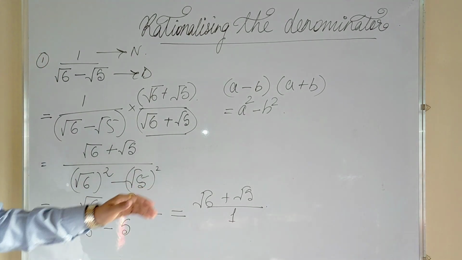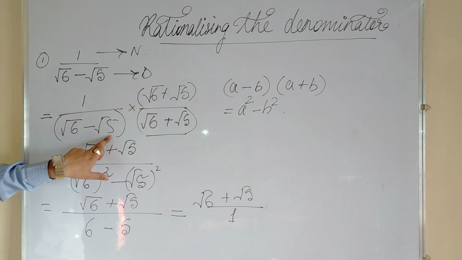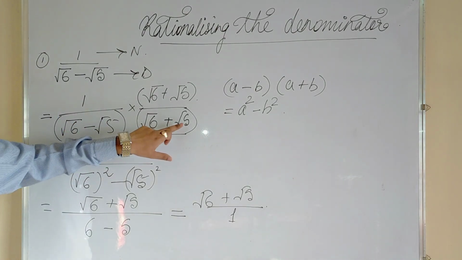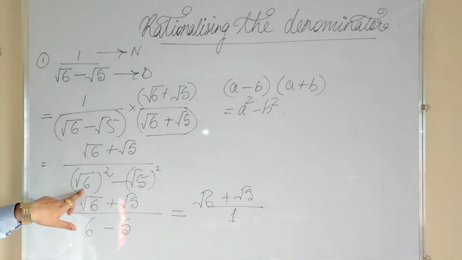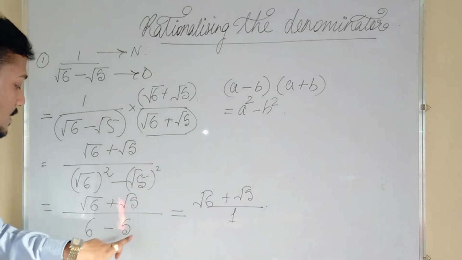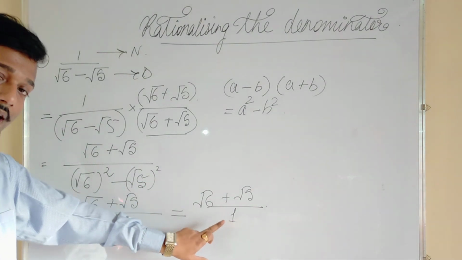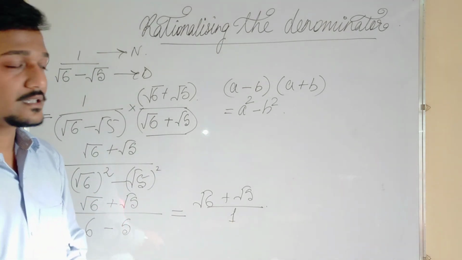In the numerator, 1 into root 6 plus root 5 is root 6 plus root 5. Then root 6 minus root 5 into root 6 plus root 5 is root 6 square minus root 5 square. Root 6 square is 6, root 5 square is 5, and 6 minus 5 is 1. That means 1 is a rational number and hence we have rationalized the denominator. So we will move on to the next question.